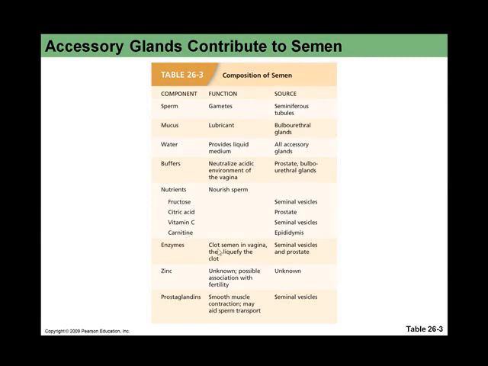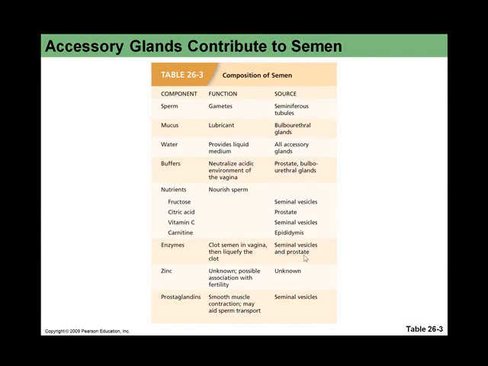The enzymes will form a clot of the semen in the vagina, then allow a liquefaction once deposited close to the cervix, and mixing with the cervical mucus, allowing the sperm to find their way into the uterus from the vagina.